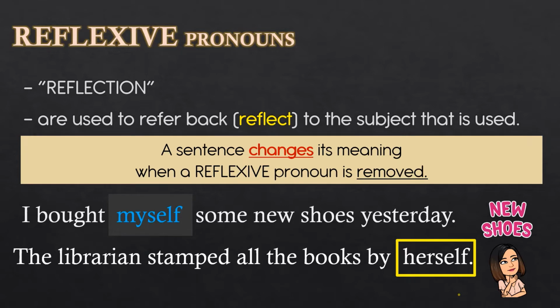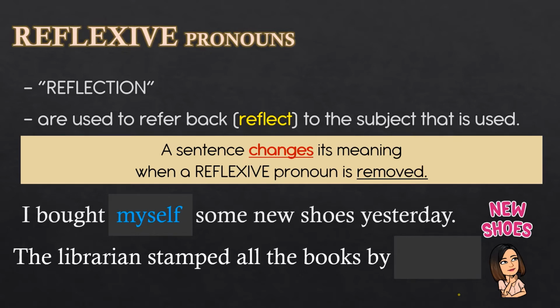Now, let's try to remove the pronoun. The sentence will then be, the librarian stamped all the books by. So, is the idea still the same when the pronoun is there?